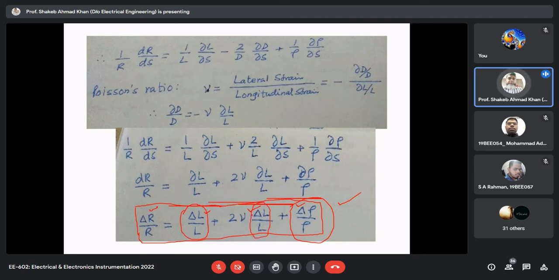So to directly correlate them, there is one very important characteristic parameter called the gauge factor associated with the strain gauge. The gauge factor is a very important specification for a strain gauge.